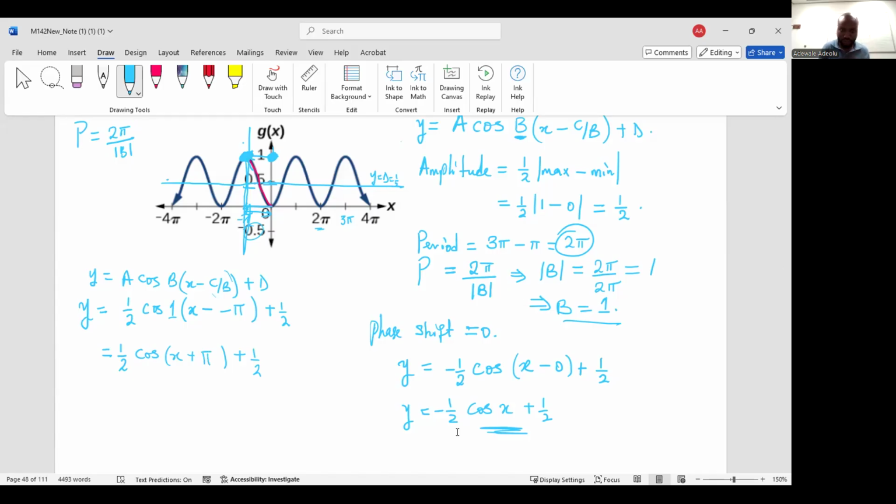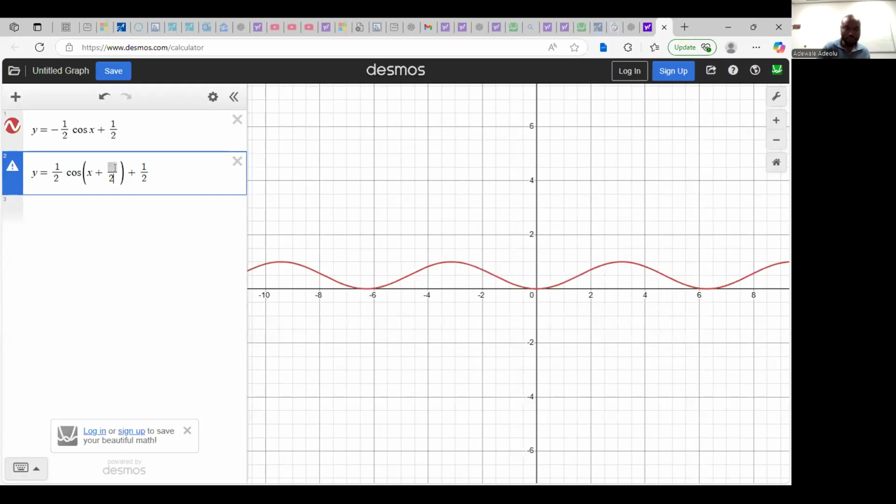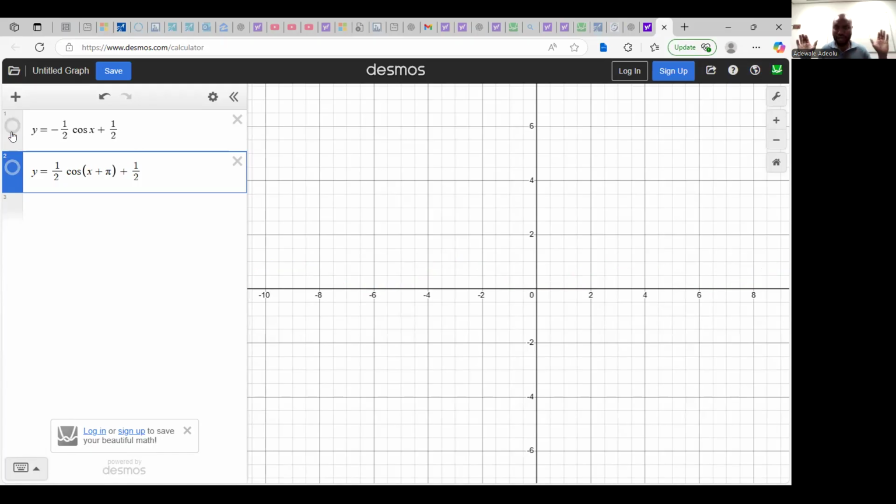Okay, now let's see. I will go back to my graph and change this to pi. Okay, it's the same thing. You can see it swallowed that graph. If I remove this, I have my graph. That means they are the same thing. If I close both of them, I don't have anything.